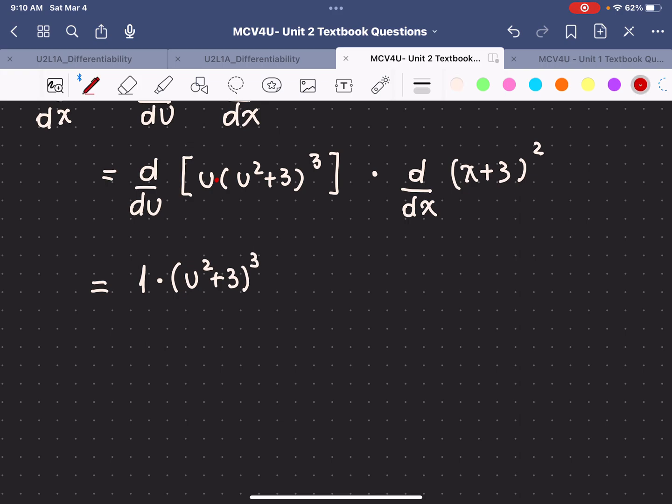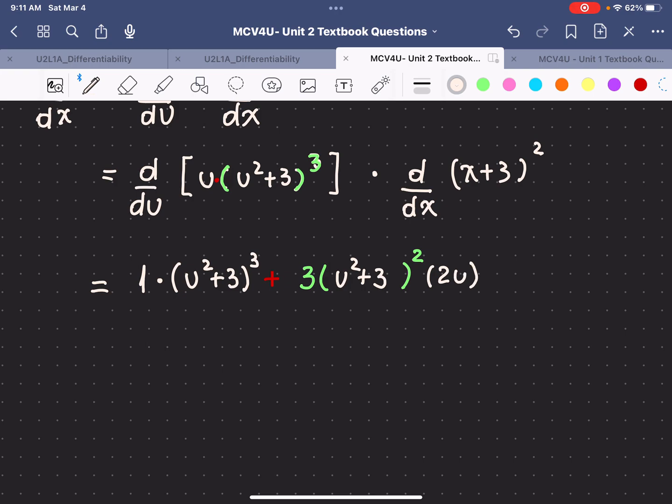And because it's product rule, we're adding the derivative of (u squared plus 3) to the power of 3. Now notice that here you have an outside function, a power of 3, which would differentiate to 3, whatever is inside the brackets, u squared plus 3, 1 power less than 3, that is a 2. And then you have to multiply by the derivative of u squared, which is 2u.